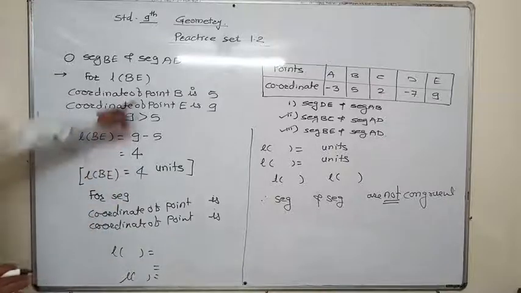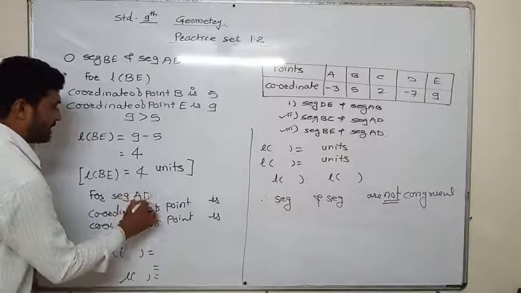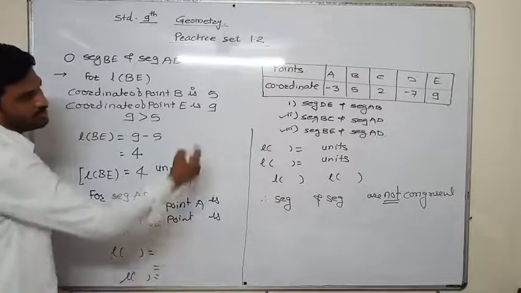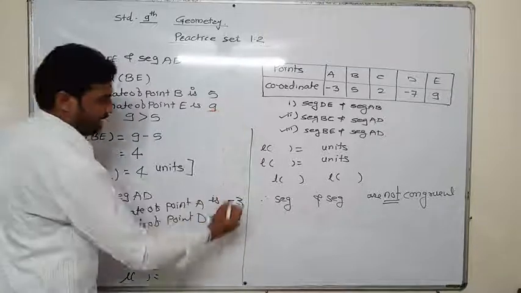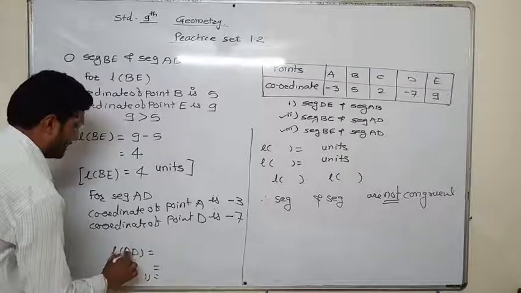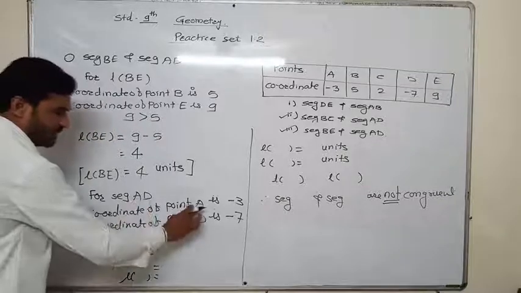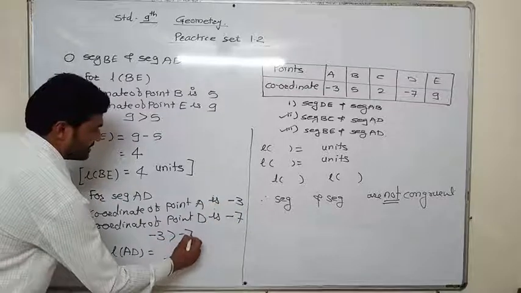In the same way we find the length of segment AD. The coordinate of point A is -3. The coordinate of point D is -7. So which is greater here? Minus 3 is greater than minus 7.